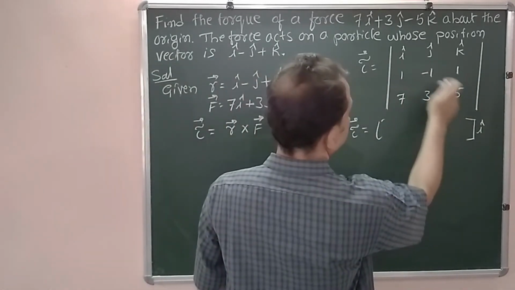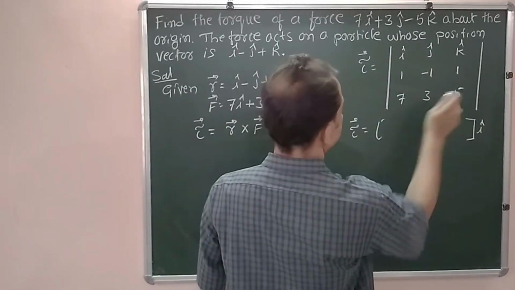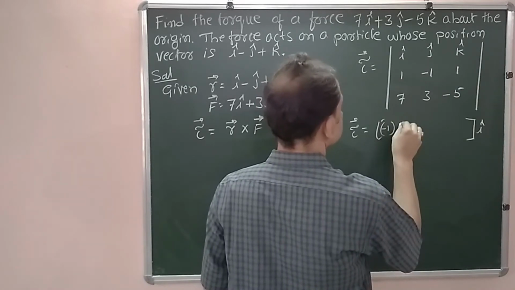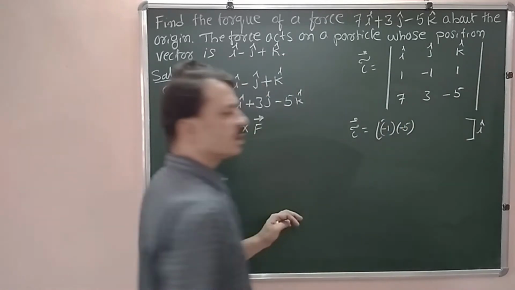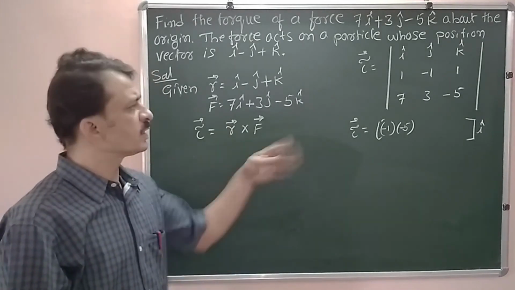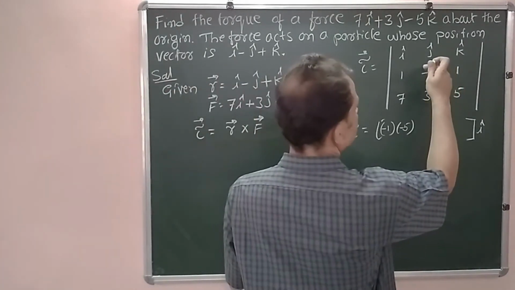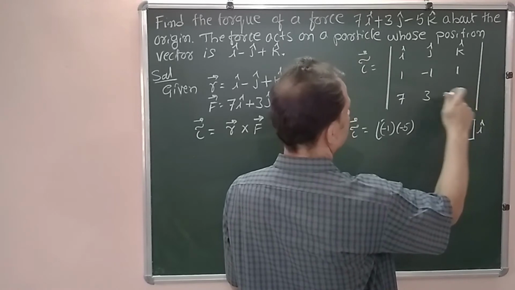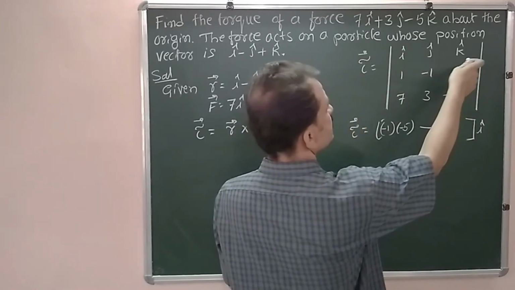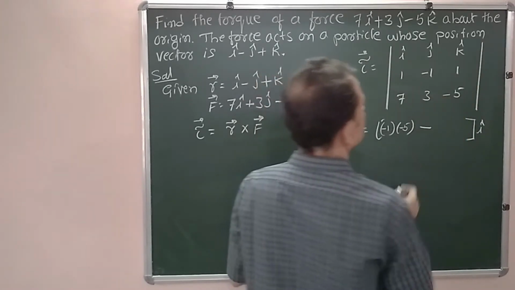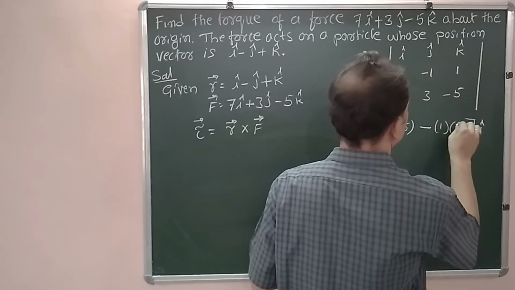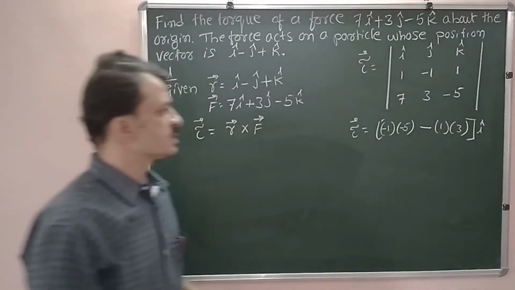Now we cross multiply the remaining terms: -1 into -5. Or if you know the formula, you can easily work it out. First from top left to bottom right, which you remember, minus top right to bottom left, 1 into 3. So that is the first term.